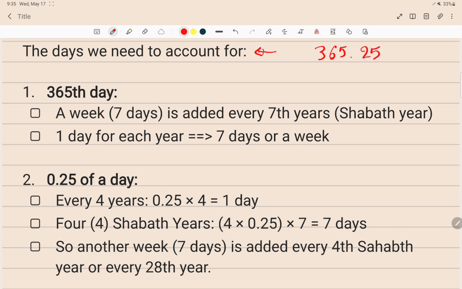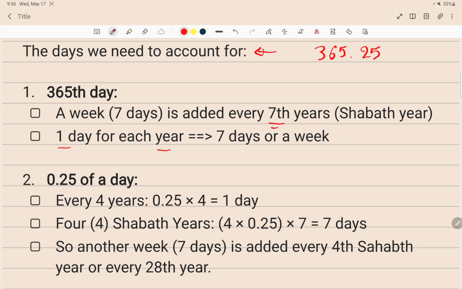So basically, rather than adding the day in that year, you wait for 7 years, 1 day for each year, and then you add a week, or a 7-day period, at the 7th year, and the 7th year is called a Shabbat year.